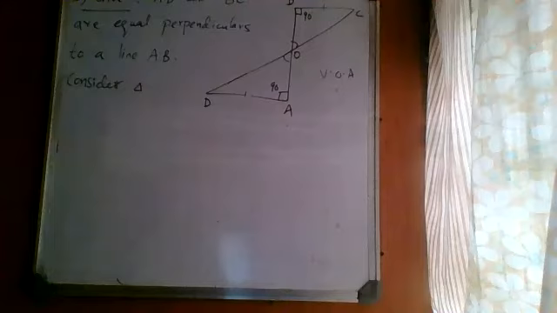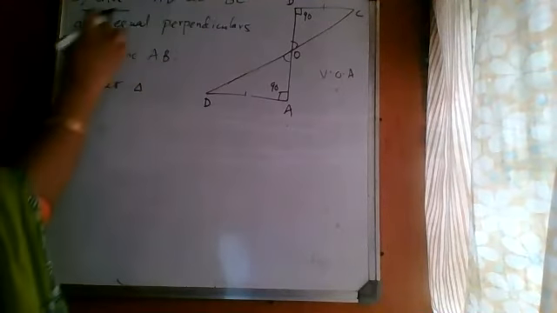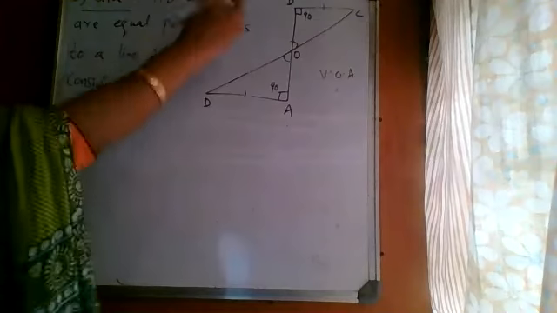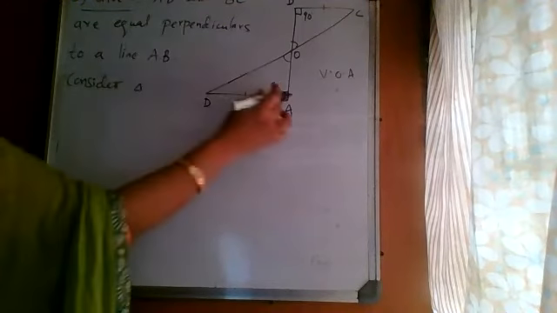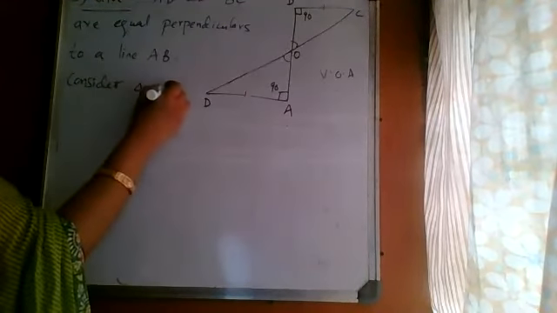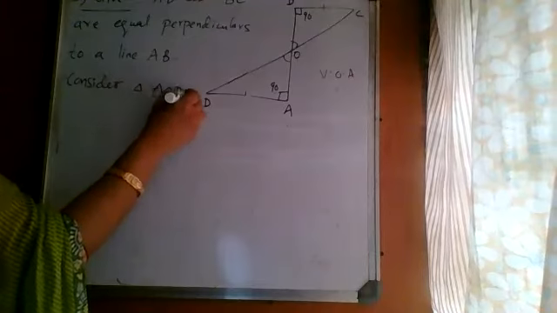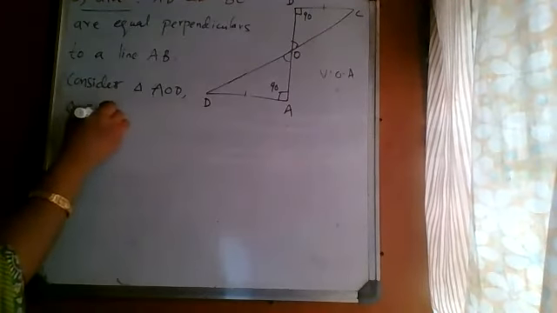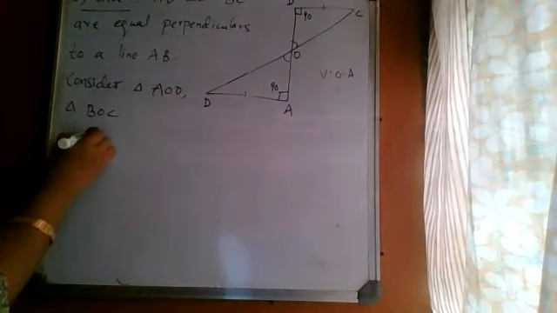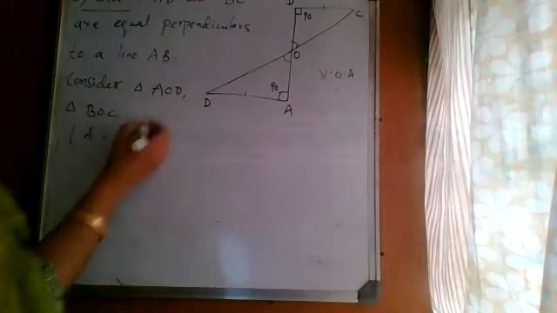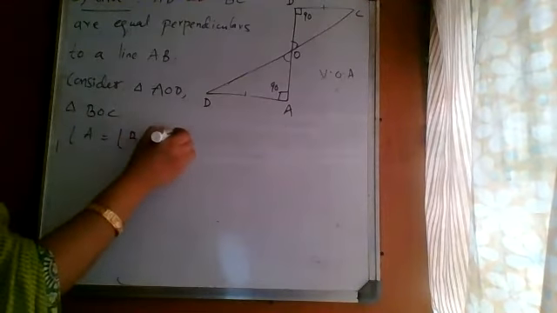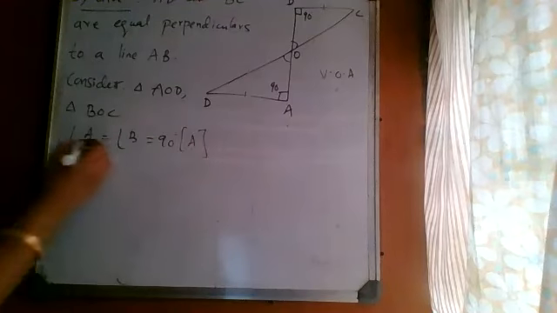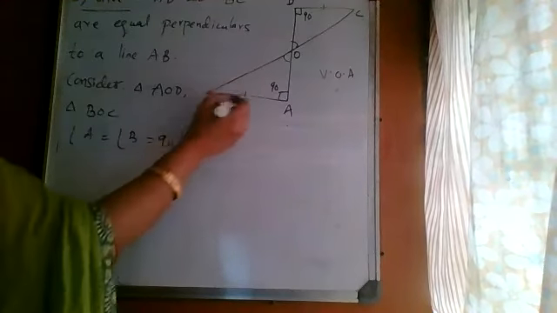Okay, is it clear? Next, given AD and BC are equal perpendiculars to a line AB. Consider triangle AOD and triangle BOC. In this, angle A is equal to how much? Angle A is equal to angle B is equal to 90 degrees. We got one angle. Next, which side is equal?